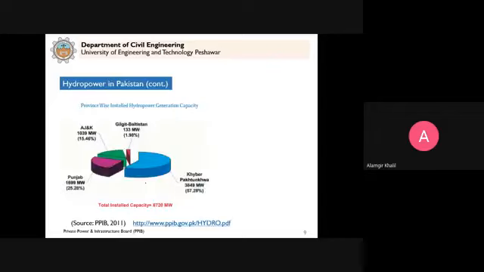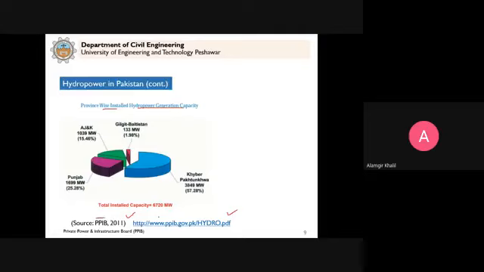The province-wise installed hydropower generation capacity, you can see here, is as per this report, which is available online. We have an organization, the PPIB, the Private Power and Infrastructure Board.